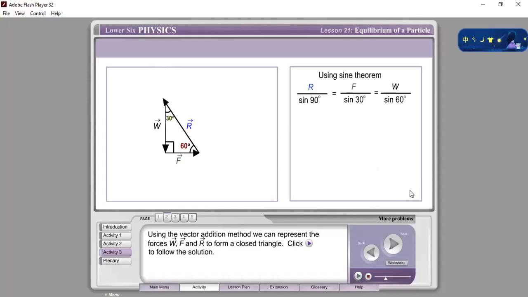Using the sine theorem, R over sine 90 degree equals F over sine 30 degree equals W over sine 60 degree. F over sine 30 degree equals W over sine 60 degree.